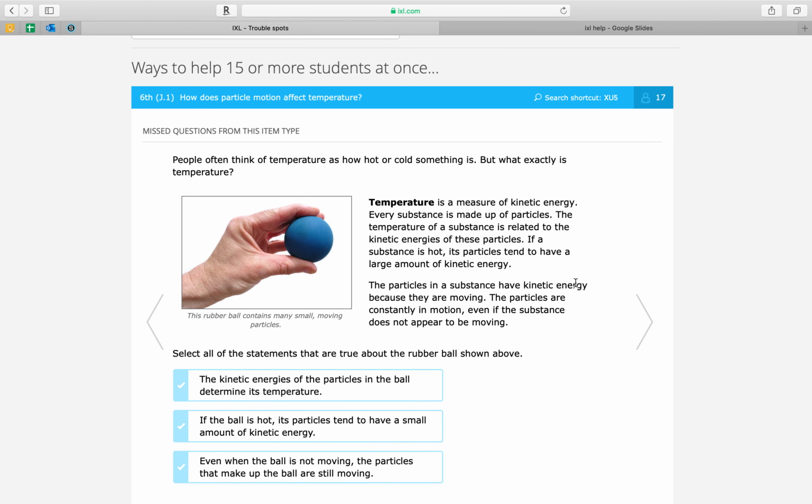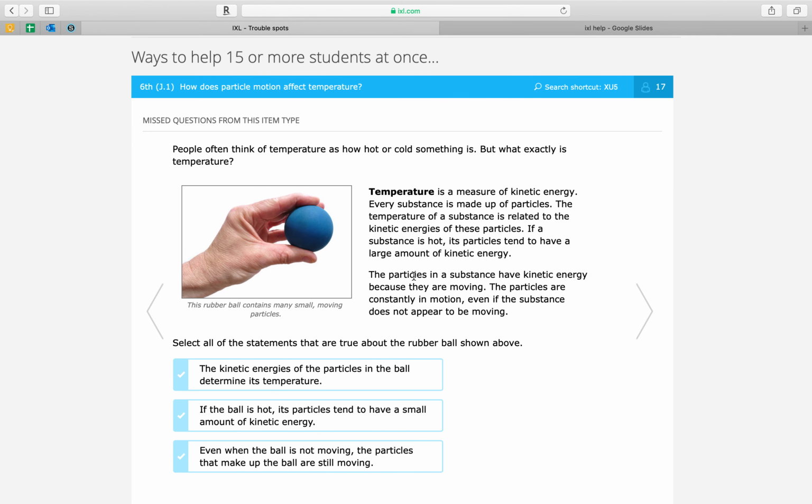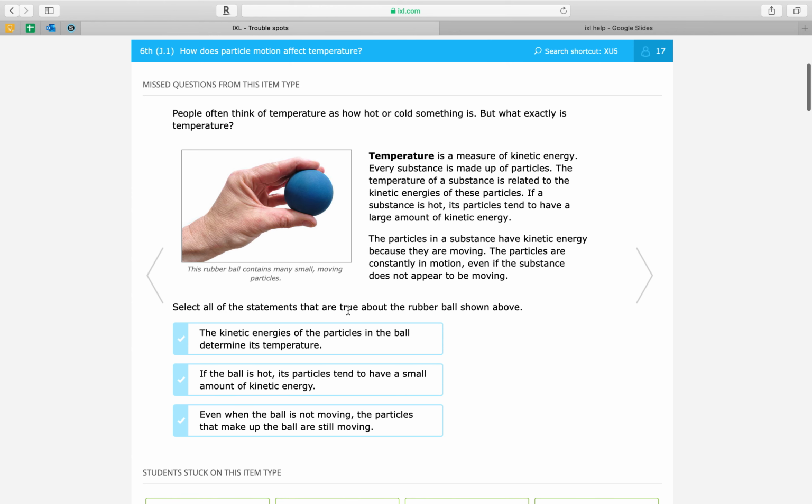Okay, now this one, it says, select all that's true about the rubber ball shown above. The kinetic energies of the particles in the ball determine its temperature. Now that's true because temperature depends on how fast the particles are moving. It's measuring the kinetic energy.